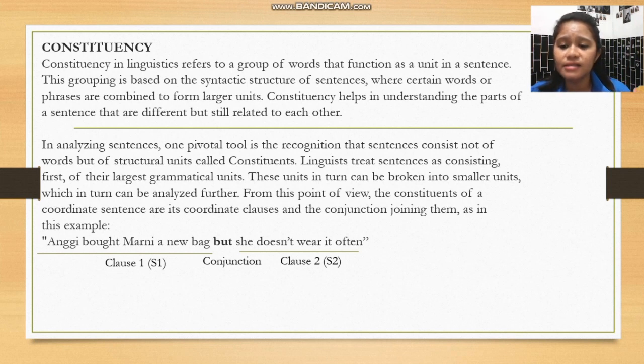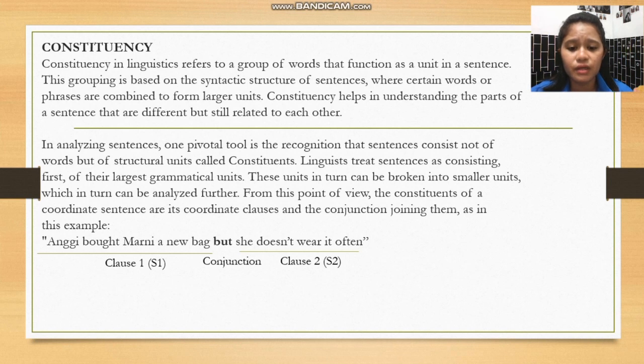In analyzing sentences, one pivotal tool is to recognize that a sentence consists not of words but of structural units called constituents. Linguists treat a sentence as consisting of parts of a larger grammatical unit.